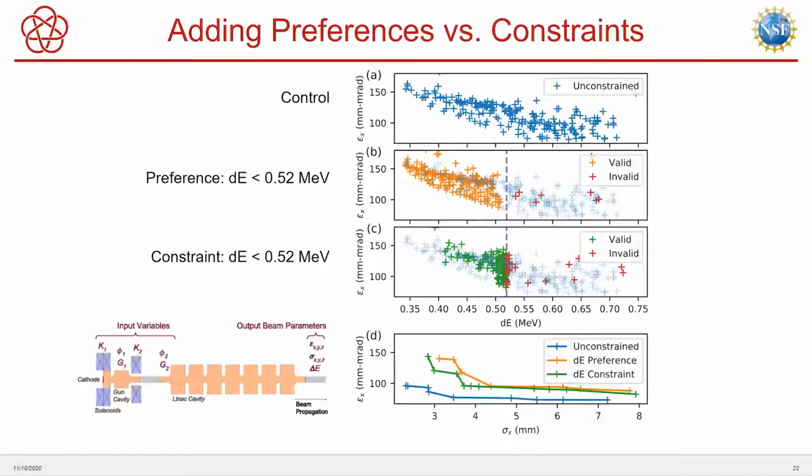This allows the algorithm to improve the Pareto front in the other dimensions, for example, in transverse beam size versus transverse emittance, where we see that the green curve here, which represents the constrained Pareto front, is improved over the preference one. And obviously, when we remove all constraints on our system, then we're able to find the best overall Pareto front.